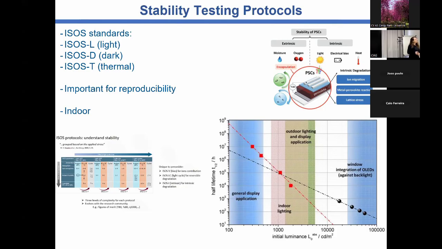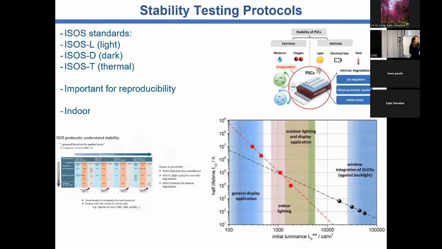We have these ISOs, different for light, dark, and thermal stress. So it's quite important to follow these protocols to improve the reproducibility and also to compare between the laboratories and also to compare between the days of the tests.